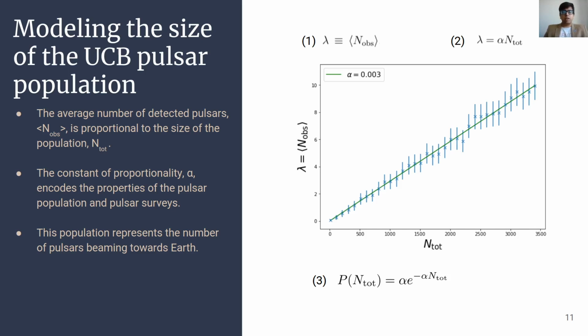However, in real life, pulsars need not necessarily be beaming towards the Earth, and their beams could just miss the Earth's line of sight completely. So to account for this, we need to introduce an extra beaming correction factor, which is essentially a scaling factor which scales the size of the population that we derive to get the total size of the population of a particular type of BNS system.